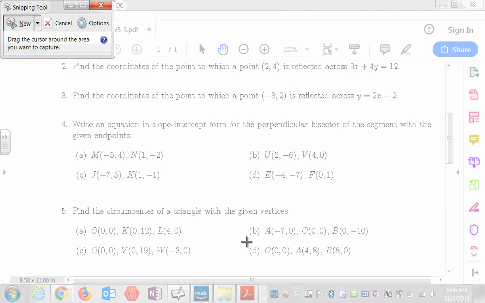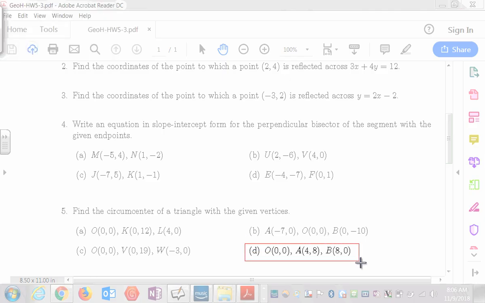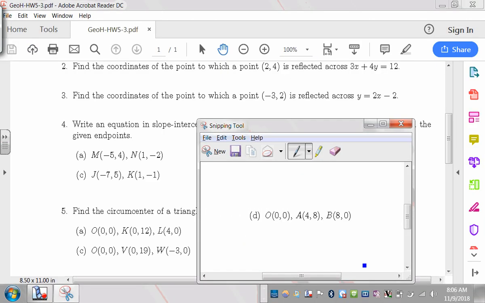Okay, what kind of triangle do we have here? Right triangle. Okay. Yeah, hang on just a minute.